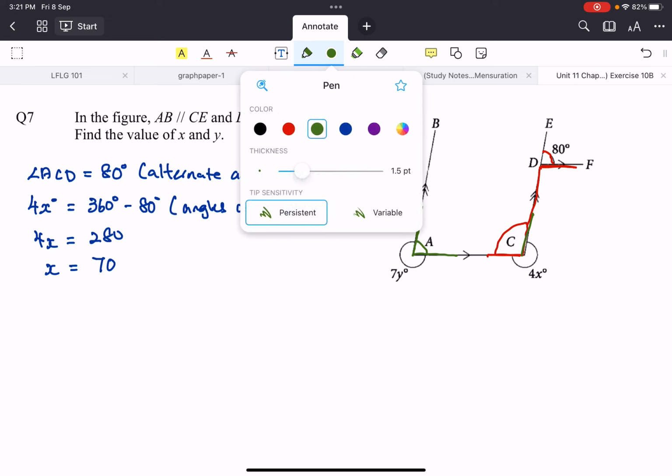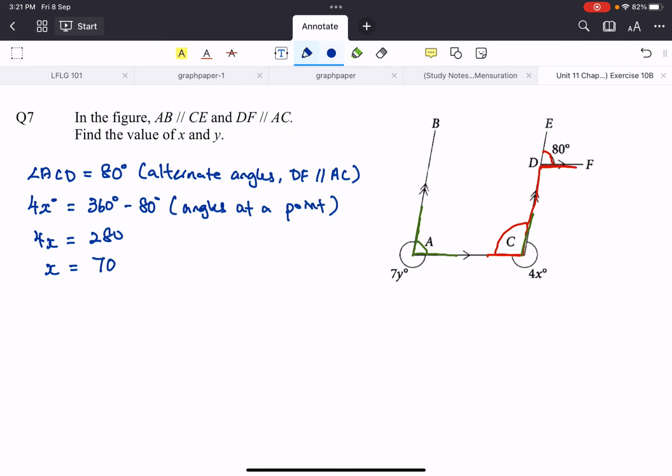Okay, so from here, angle BAC is equals to 180 degrees minus 80 degrees. And the reason, interior angles, whereby AB is parallel to CE. Okay, so that gives us 100 degrees over here.